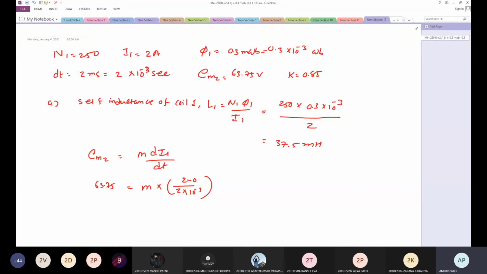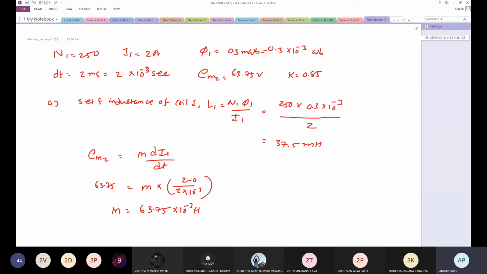M, tell me the M. 63.75 into 10 raised to minus 3 Henry, or it is millihenry, okay? 63.75 millihenry. Now, coefficient of coupling is given, mutual inductance is given, L1 is given.